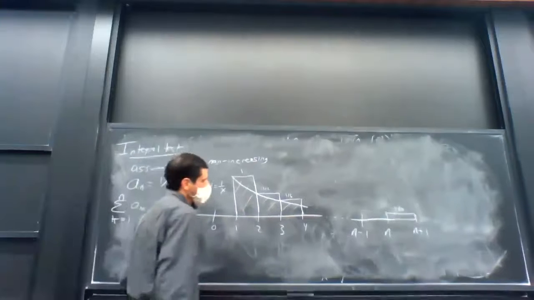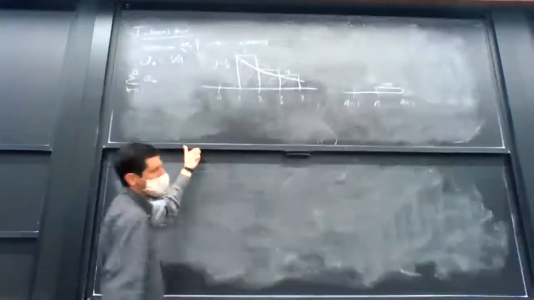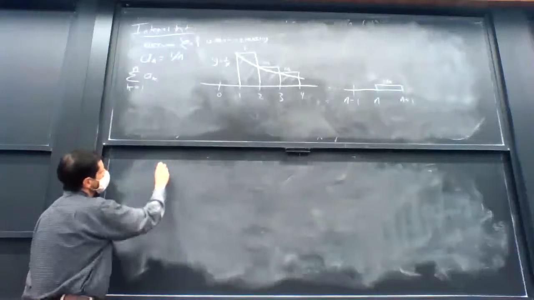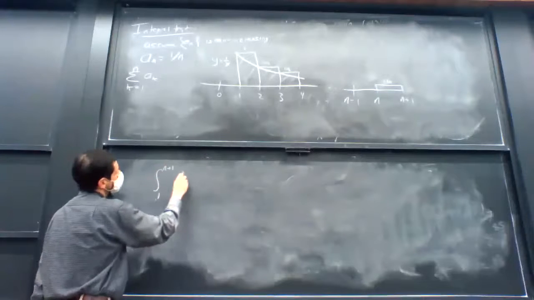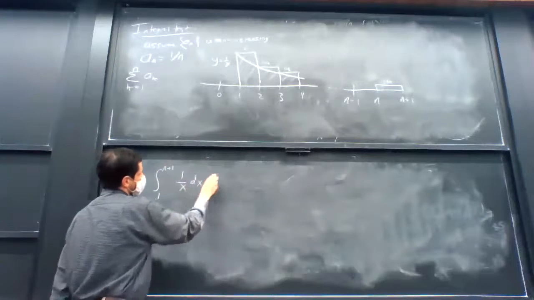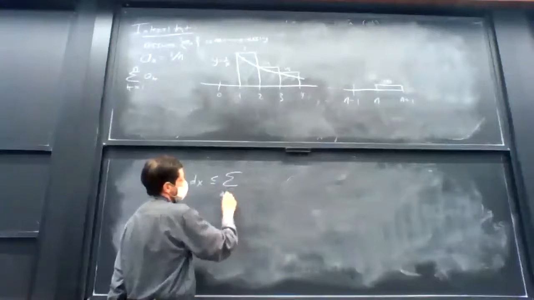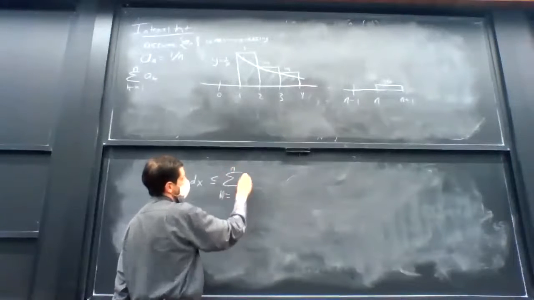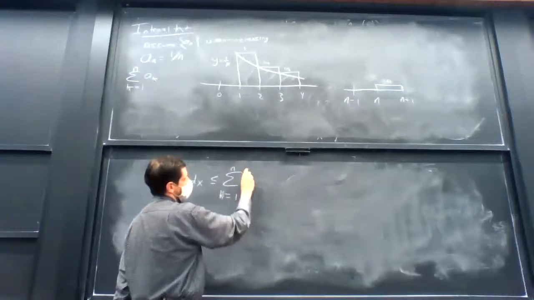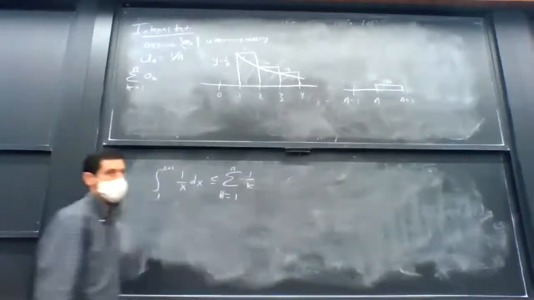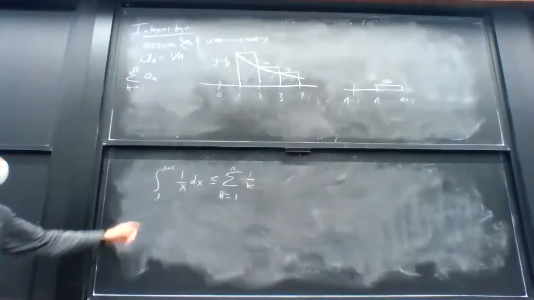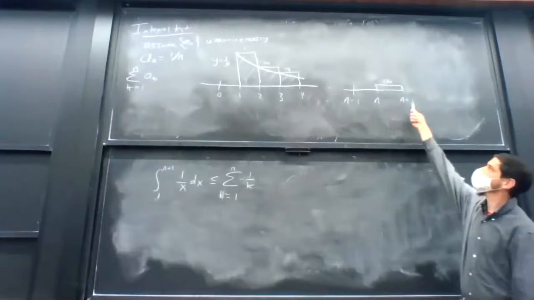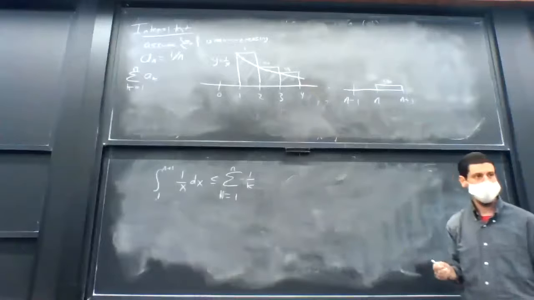And so what I would have, and this is where it's annoying that you have to be a little bit careful, if I integrate from 1 to n plus 1 of 1 over x dx, that's less than or equal to the sum, k goes from 1 to n of 1 over k. And I have to be a little bit careful that because I'm starting here and going to the right, the integration has to go all the way to n plus 1.